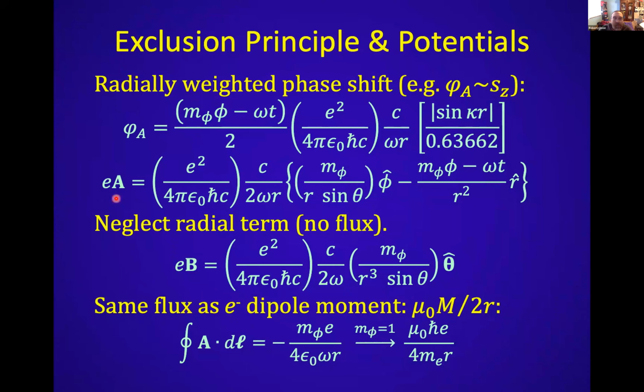The vector potential looks like this, and all the flux comes from the phi component. So the magnetic field would have this dependence, which is the same as you would get for the electron. If you integrate to find the flux, it's the same as what you'd get from an electron dipole moment.